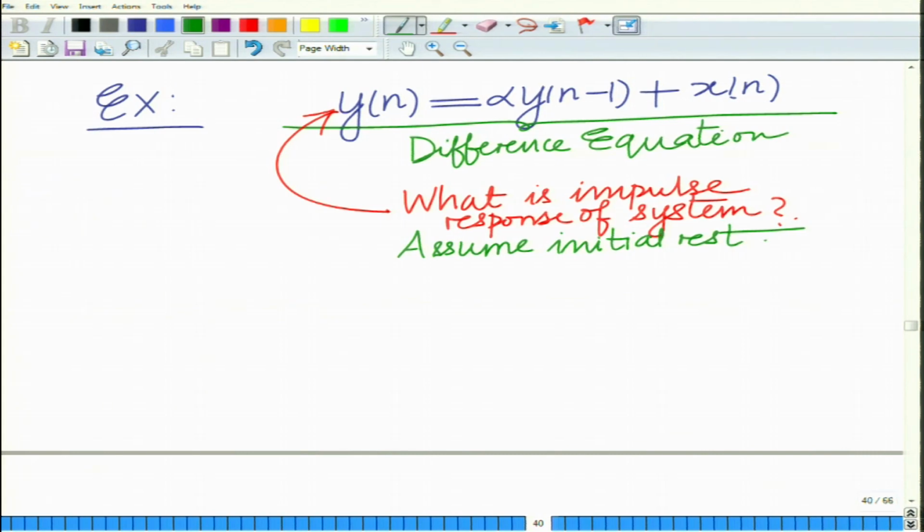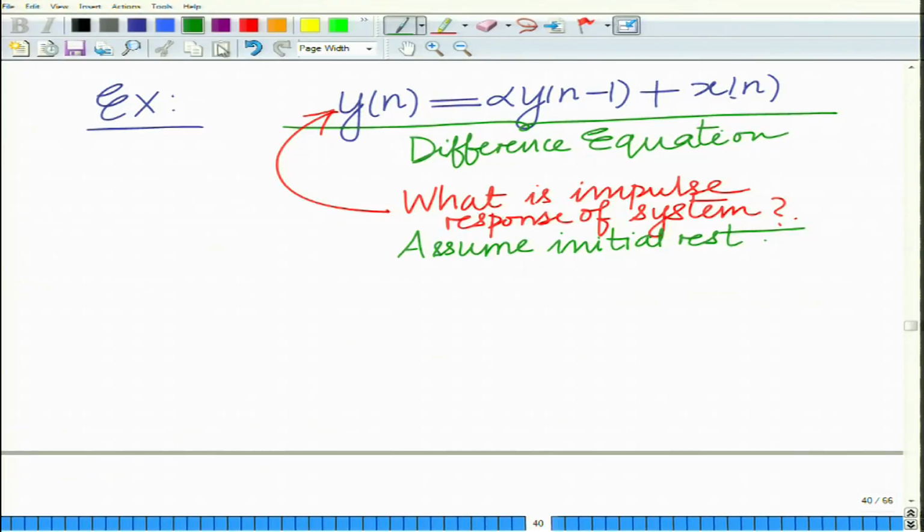Initial rest, if you remember, implies that if the input is 0 for t less than t naught, then the output for t less than t naught is 0. Now, since we are looking at the impulse response, the input is 0 for t less than 0, which means the output is also 0 for t less than 0. So, since we want to find the impulse response, set x of n equal to delta of n.